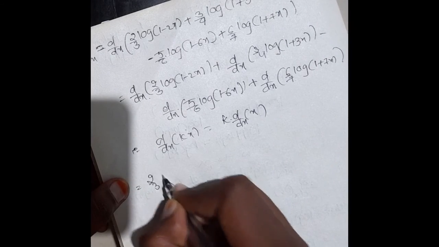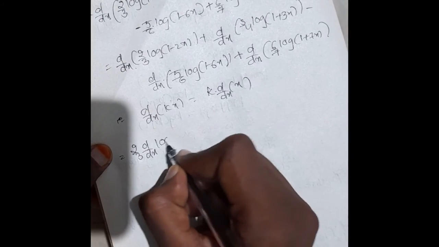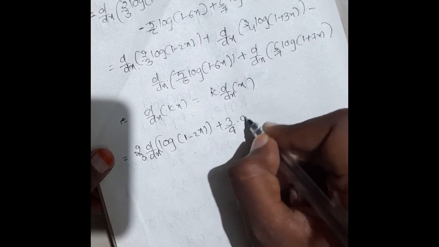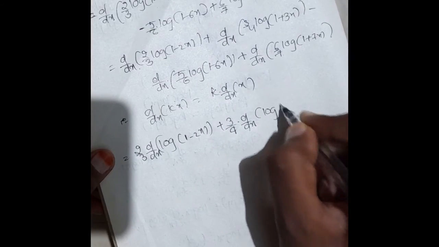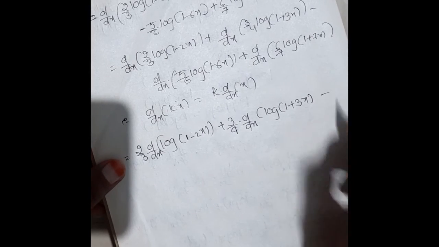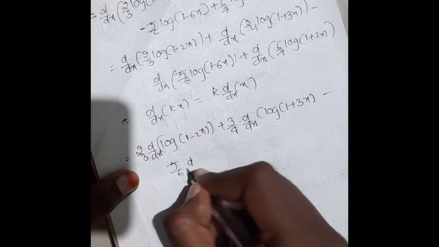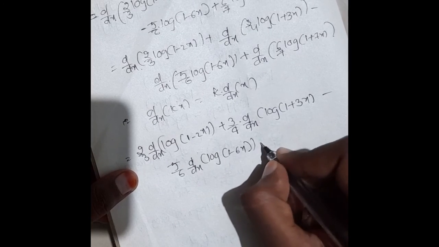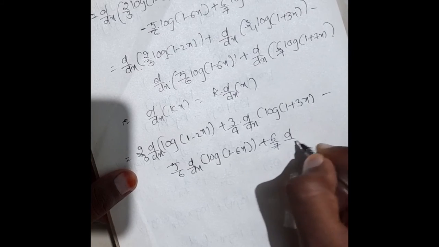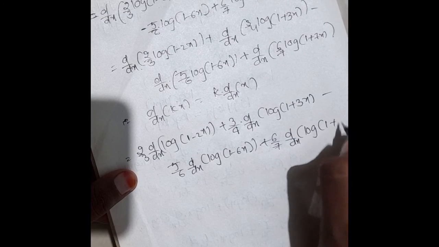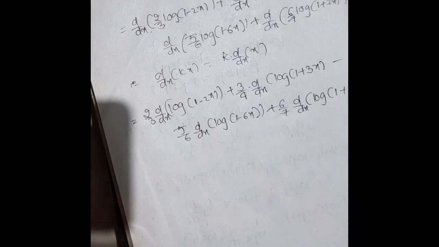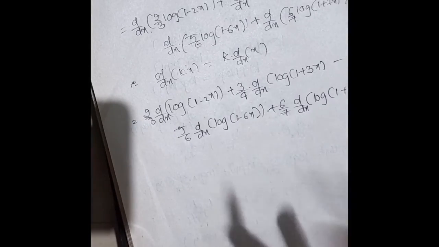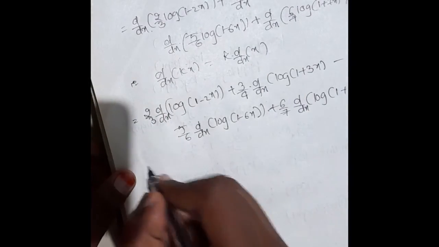So now 2 by 3 d by dx of log(1 minus 2x) plus 3 by 4 d by dx of log(1 plus 3x) minus 5 by 6 d by dx of log(1 minus 6x) plus 6 by 7 d by dx of log(1 plus 7x), right? Now d by dx of log x is 1 by x. But nowhere do we have just x, so we have to differentiate each and everything again.